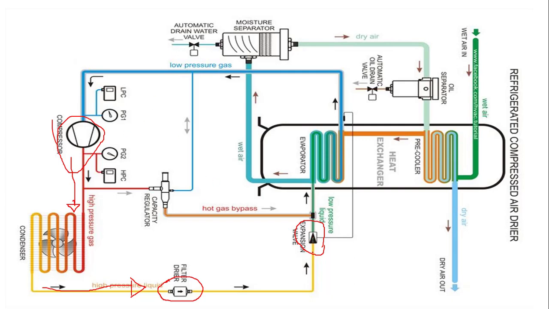When the gas passes through the expansion valve, it reduces in temperature and pressure. This gas will be pumped through the evaporator and reduces the temperature of the air.